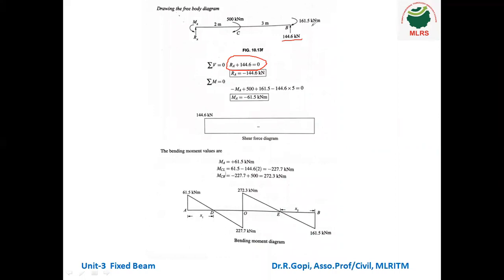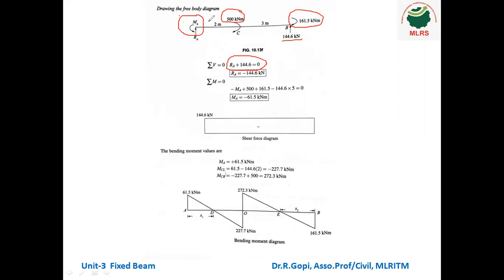Next, summation of moment taking moments about the point A equal to 0. So minus MA, that means anti-clockwise direction moment, plus a clockwise direction moment 500, and here also a clockwise direction moment 161.5, minus this reaction into this distance.